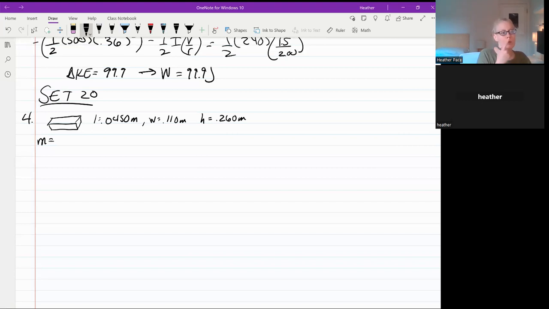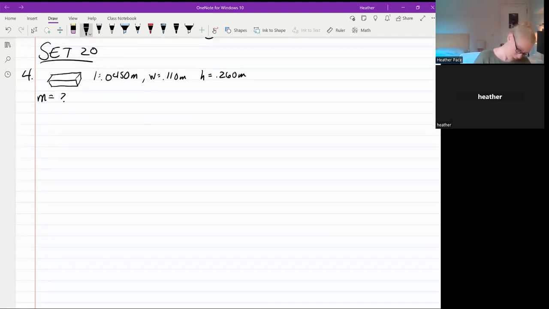And if we go to the book, we're going to see that we've got rho, density, equals mass divided by volume, and we're looking for m.